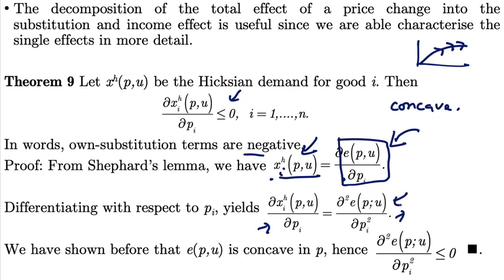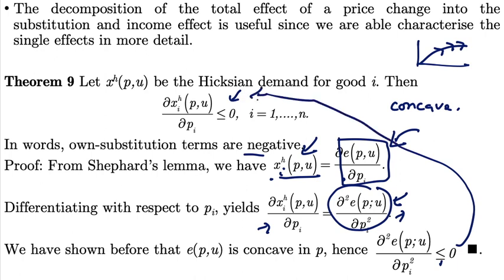Then we get this. Now, how do we know this bit is negative, so that we can prove the Hicksian demand function, when differentiated with respect to its own price, is negative? Like I said just now, the expenditure function is upsloping and concave.